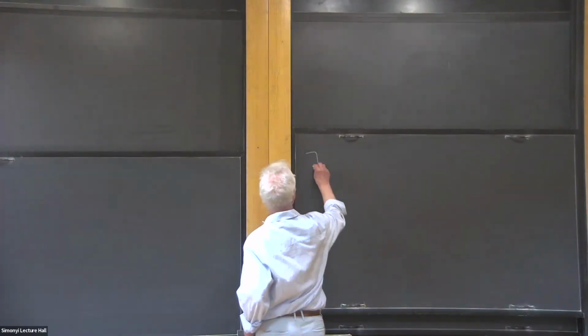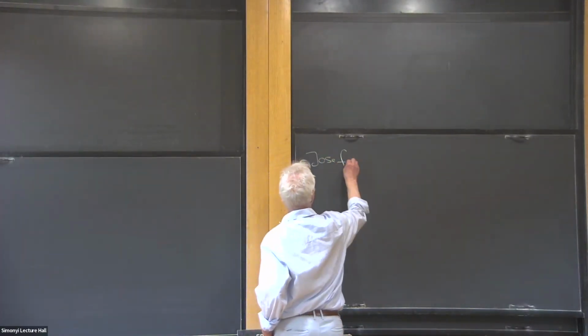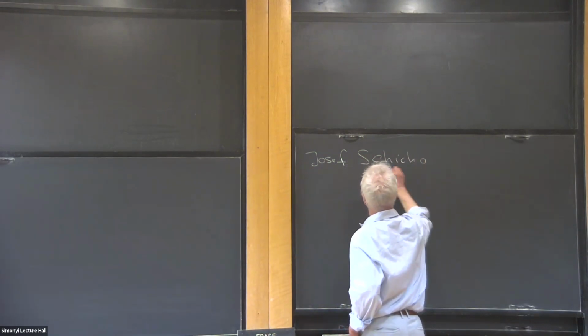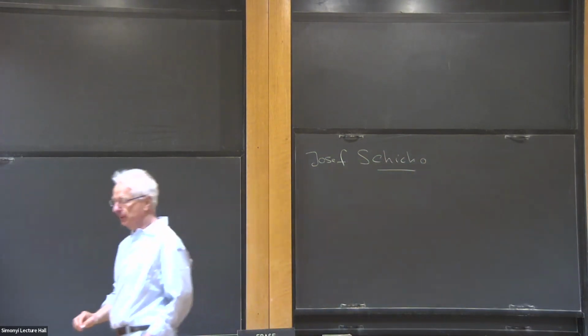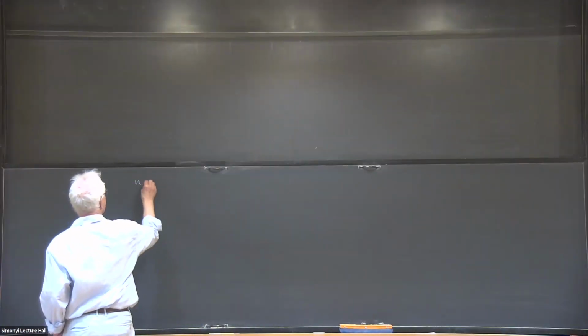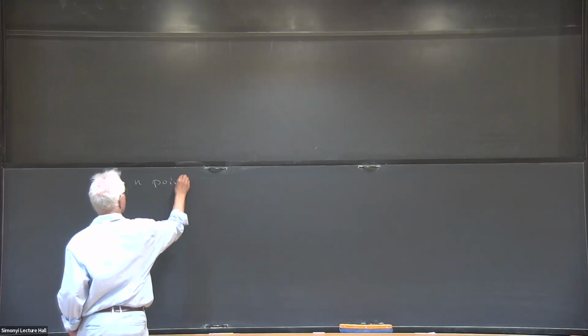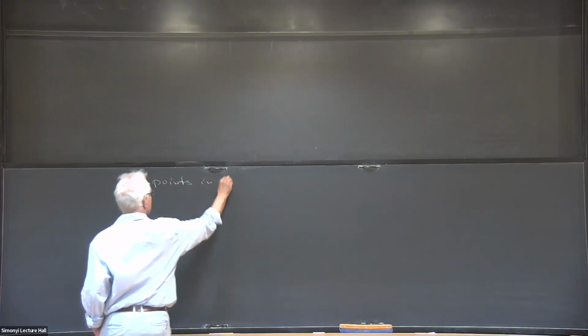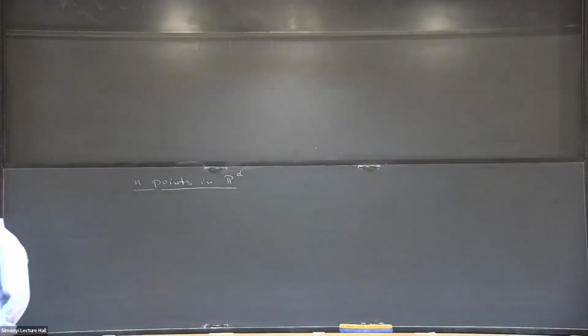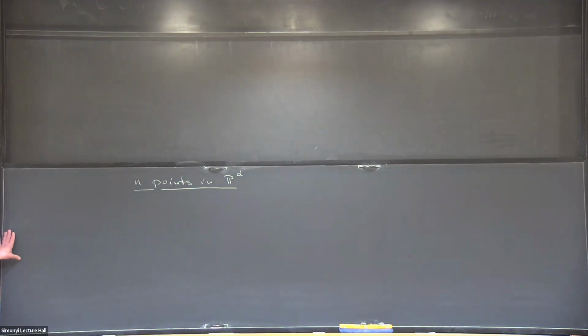This is Josef Schicho from the University of Linz in Austria. So the topic will be endpoints in P^d. It will be a very gentle and elementary talk, and I finish in time so that Sergey can continue with more advanced stuff.